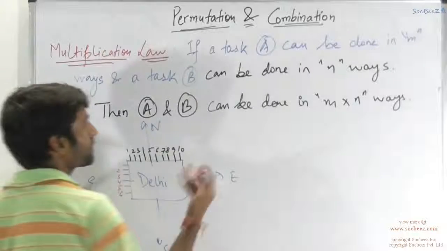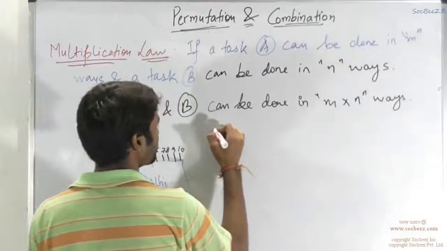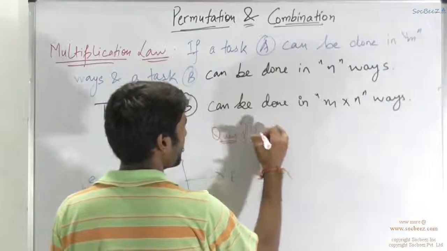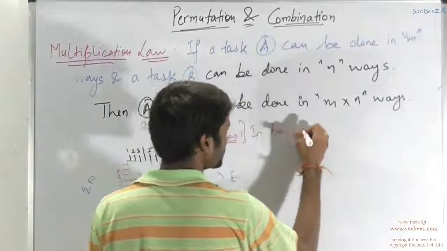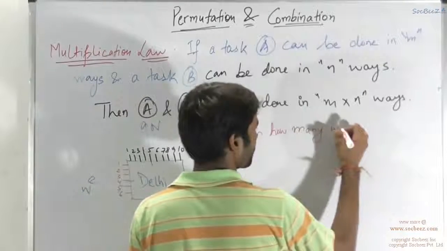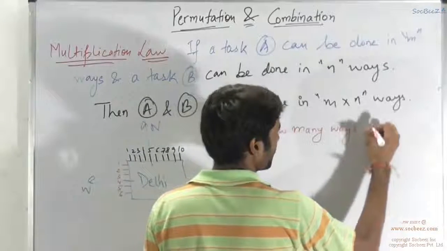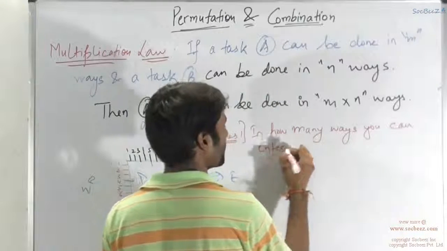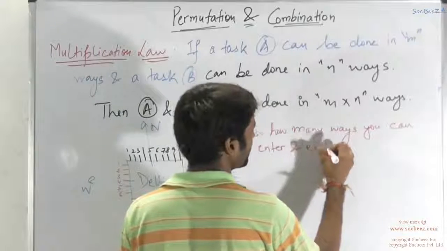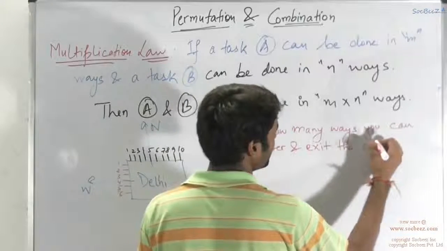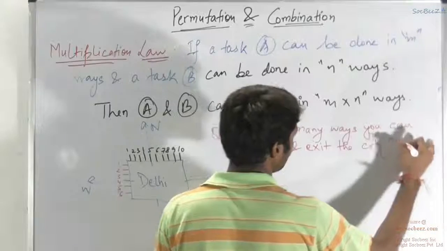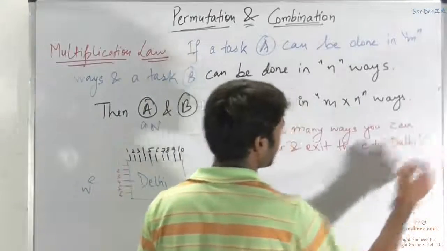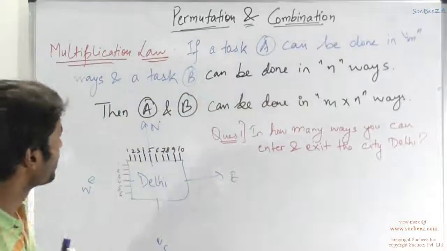So the question is, in how many ways can you enter and exit the city Delhi? This is the question. What does it mean?